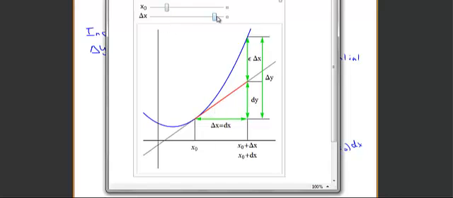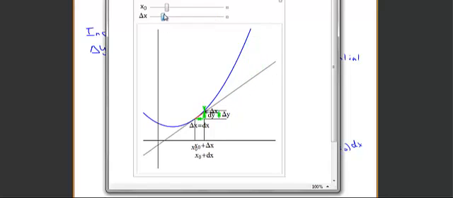Can you see that if I make delta x, or dx, very, very small, then delta y and dy are almost the same thing.